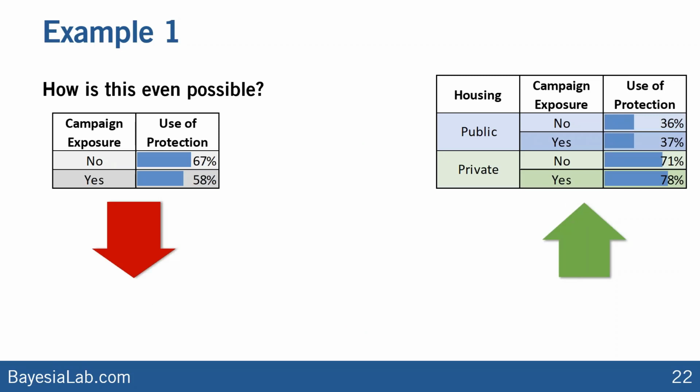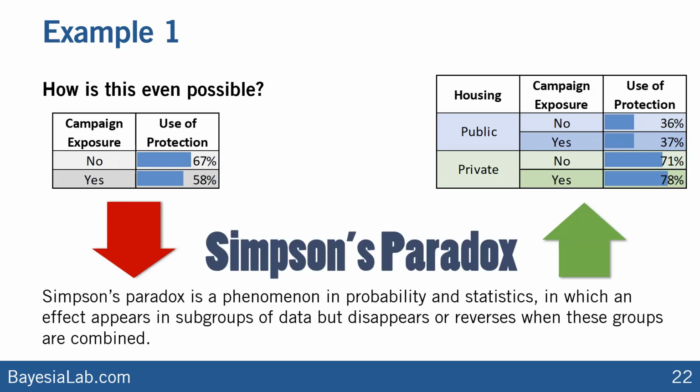How can it be that when we look at the group as a whole, condom use declines, and if we look at them separately in each subgroup, use increases? Well, that's yet another example of Simpson's paradox. Simpson's paradox is this phenomenon in which an effect appears in subgroups of data, but it disappears or reverses when these groups are combined. So that's what we're encountering here, but we're not done yet.